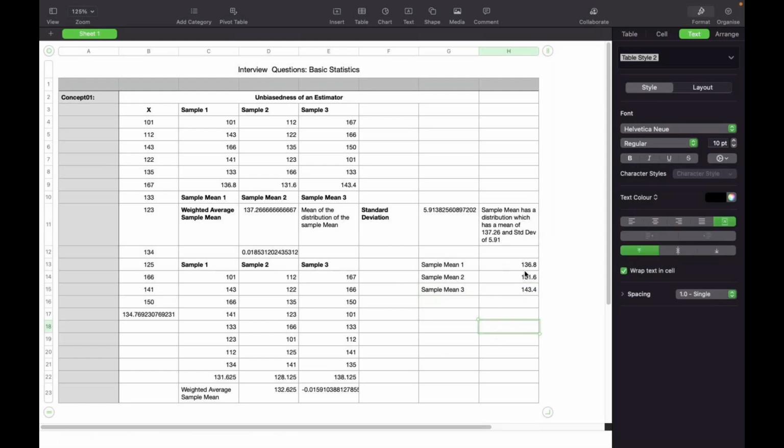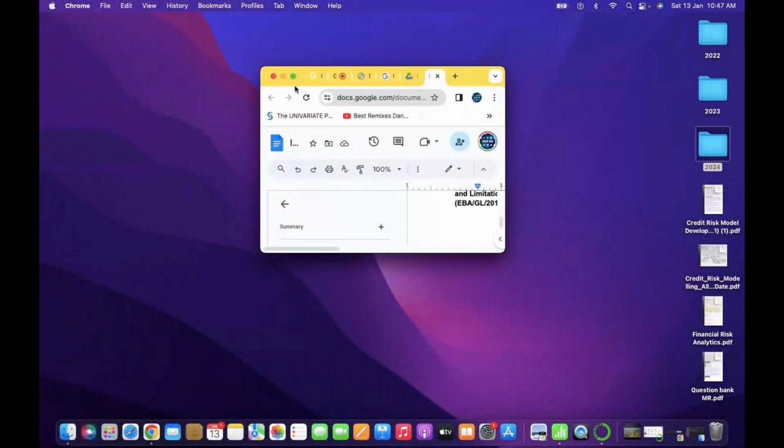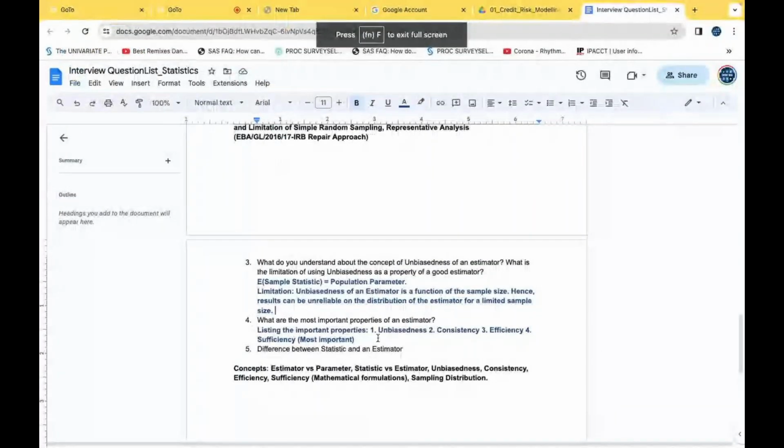You can see that this is a distribution of the means. So the sample mean is having a distribution. Each of these sample means is an estimator, and when you are looking into this distribution of the estimator, that is a statistic. So very simply, a statistic is an estimator with a sampling distribution.